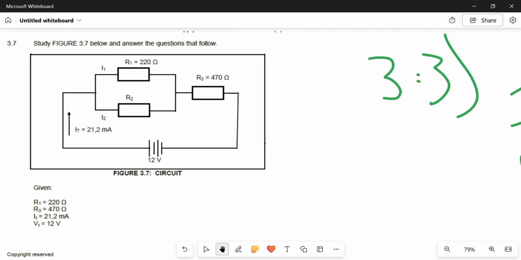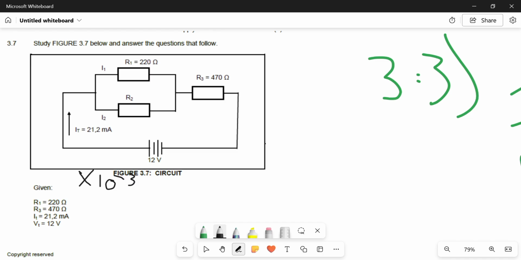So the parallel combination of R1 and R2 is connected in series with R3. So I total is measured in milliamperes, which milli will be times 10 to the power negative 3.